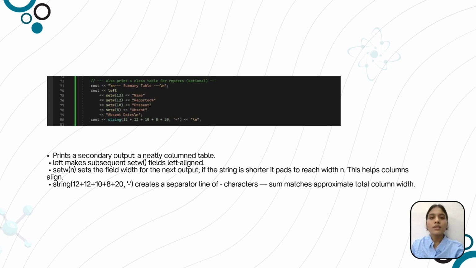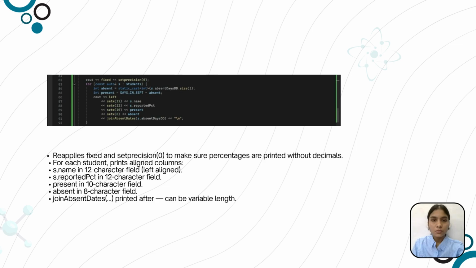Now, this part prints a neat summary table of all students. It shows the student's name, reported attendance percentage, number of present and absent days, and the absent dates in columns. The code sets the column width and aligns the text so everything looks organized, and it also prints a line of dashes to separate the header from the data.